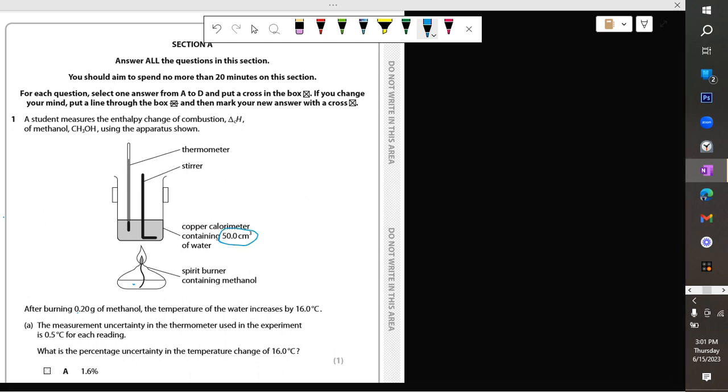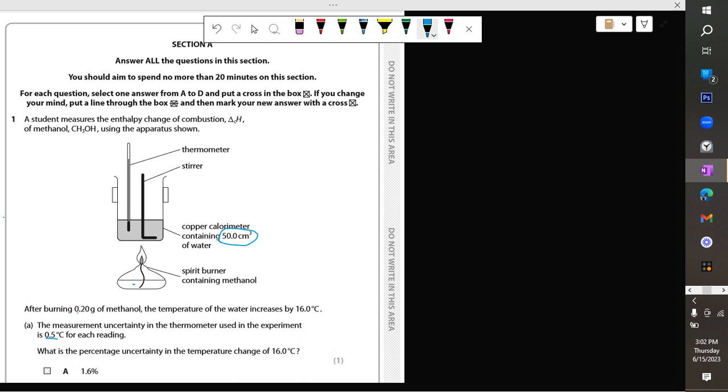After burning 0.20 grams of methanol, the temperature of the water increased by 16 degrees Celsius. The measurement uncertainty in the thermometer used in the experiment is 0.5 degrees Celsius for each reading.